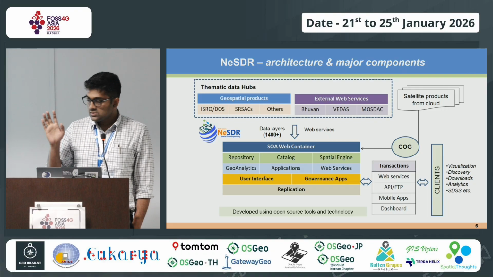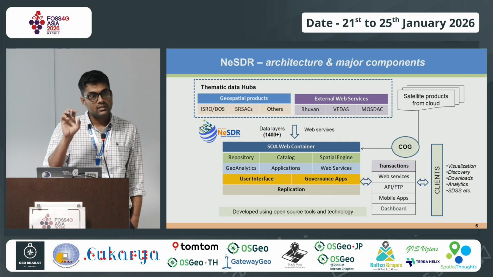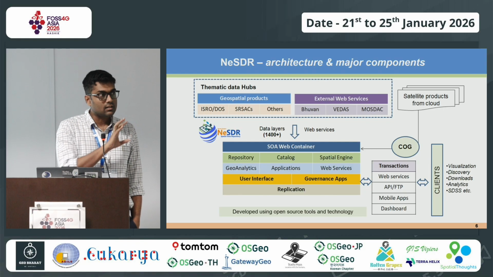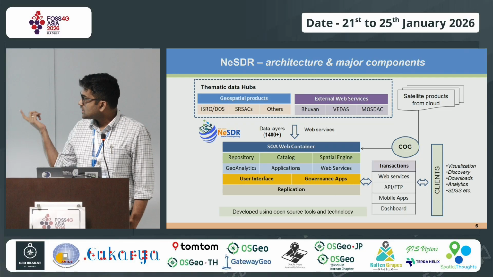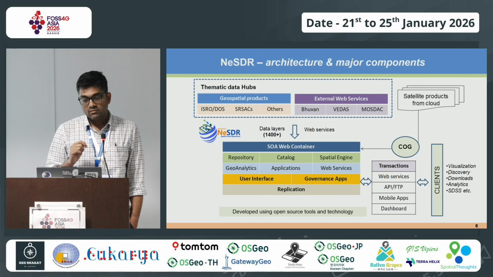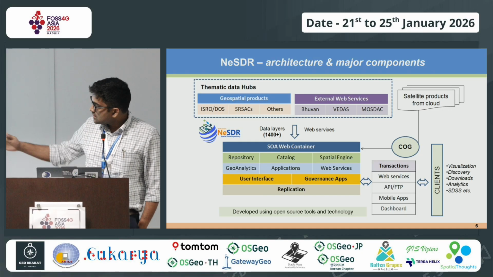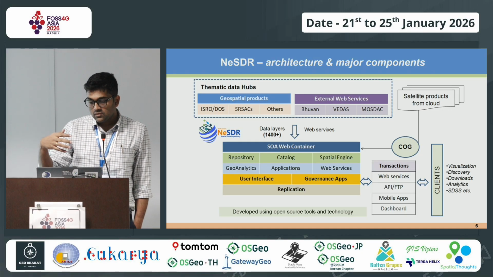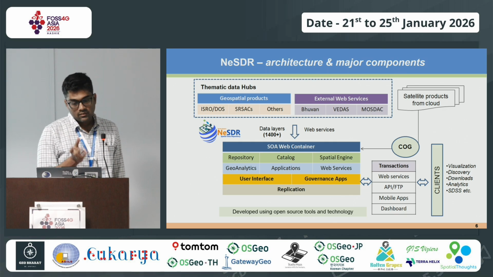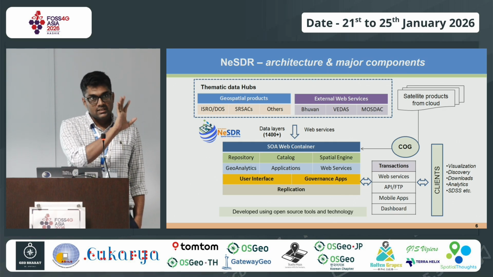We start off with the geospatial products, collected from the various GIS layers coming from ISRO DOS, State Remote Sensing Application Center, and other government departments. Then the external web services are also being consumed from the Bhuvan web services, Vedas web services, and Mosaic platform. These data sets are being served through a service-oriented architecture in a web container platform, wherein you have the catalog of these GIS layers.